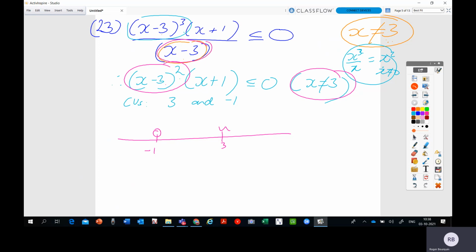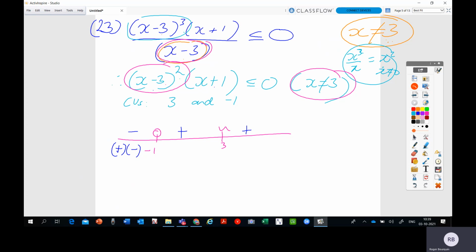If you chose a number smaller than negative 1, like negative 10, anything squared is going to be positive, but the denominator is going to be negative, so you get negative. It will alternate around negative 1, so you should end up with negative, then positive. Around 3, there's not going to be a change, so that's still going to be positive.